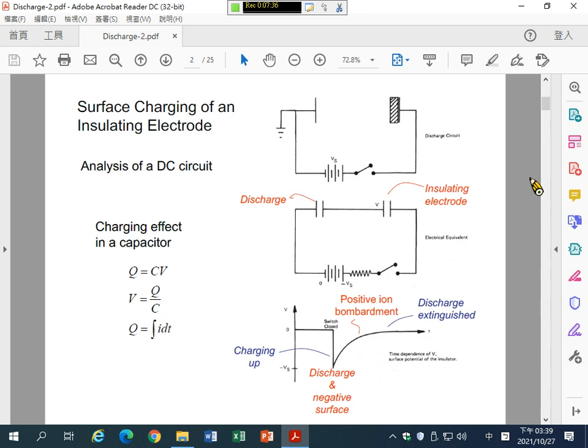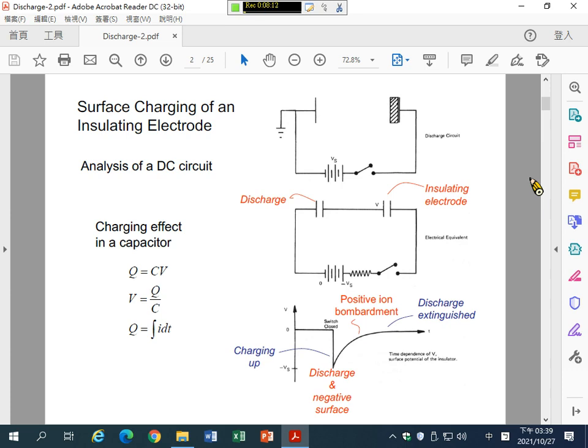So this part works as a capacitor, because electrical current cannot pass through the insulator. At the beginning, when you switch on, the back side of the insulator, actually the electrode surface on the right side, will charge up negatively.